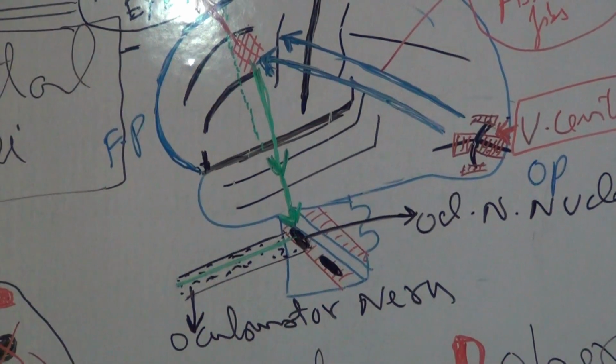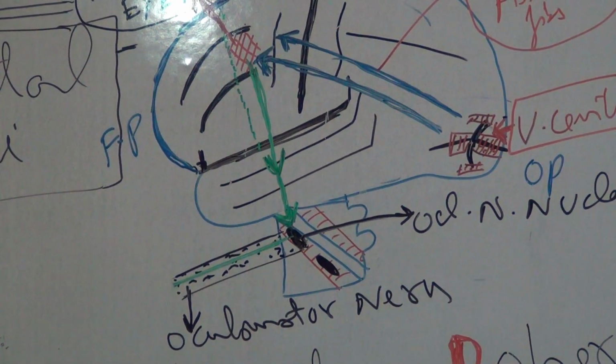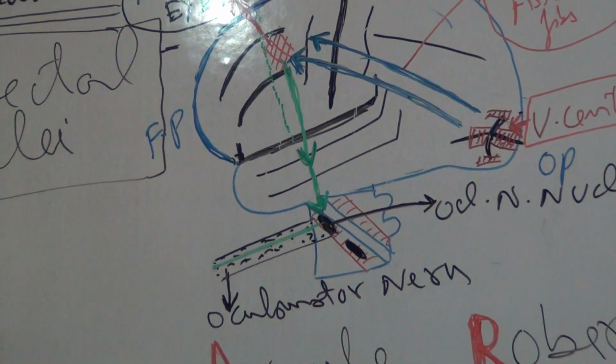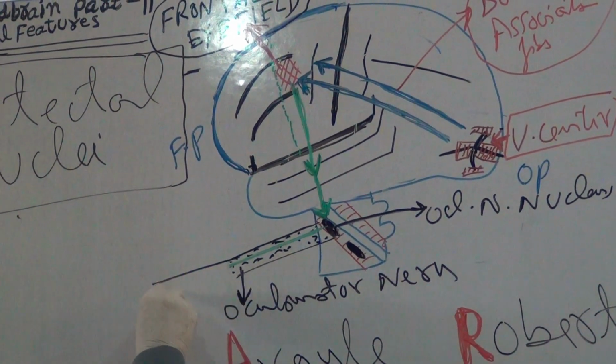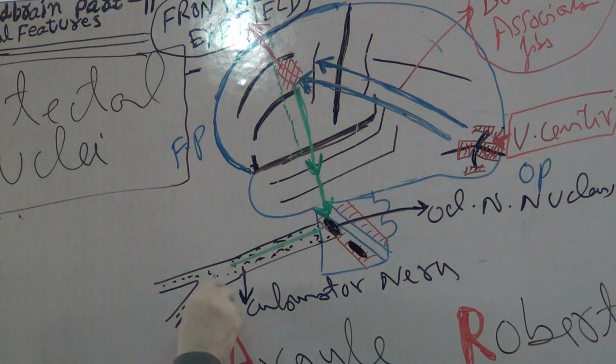These follow the oculomotor nerve. Then they follow the lower root of the oculomotor nerve. Before entering the orbit, the oculomotor nerve divides into two roots.